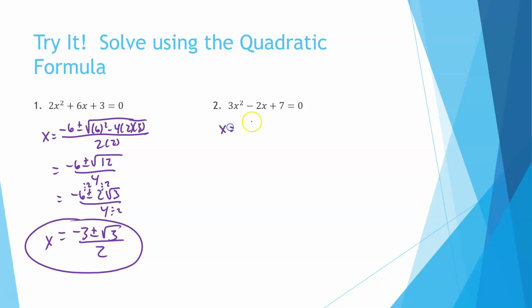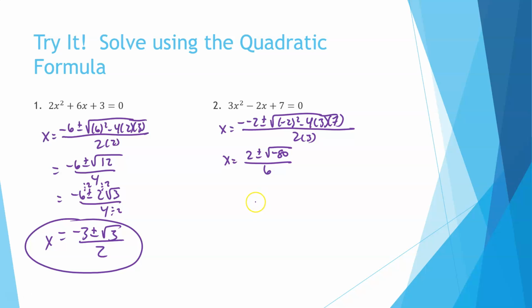In the second one, you would have had x is equal to -2 plus or minus the square root of -2 squared minus 4 times 3 times 7, all over 2 times 3. That would have given you x equals 2 plus or minus the square root, and when you did that radical, you should have had -80 all over 6.